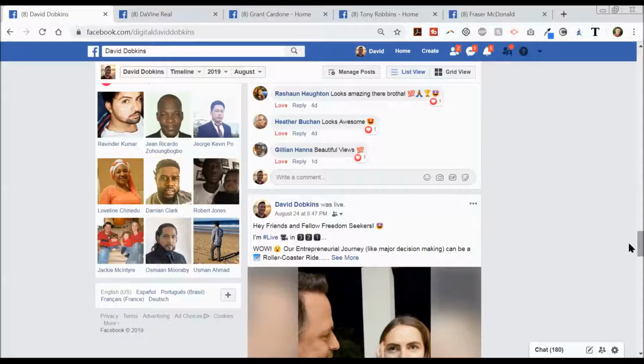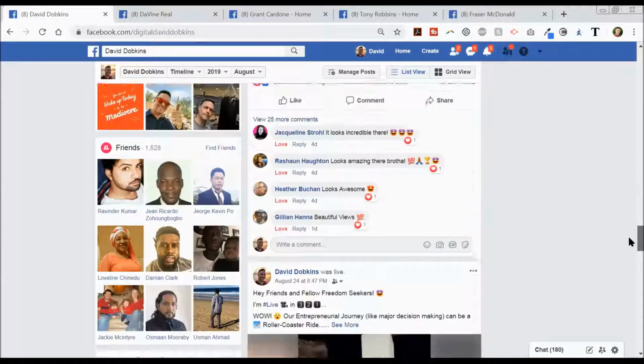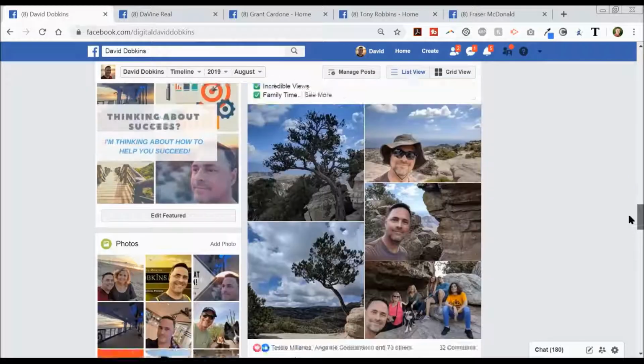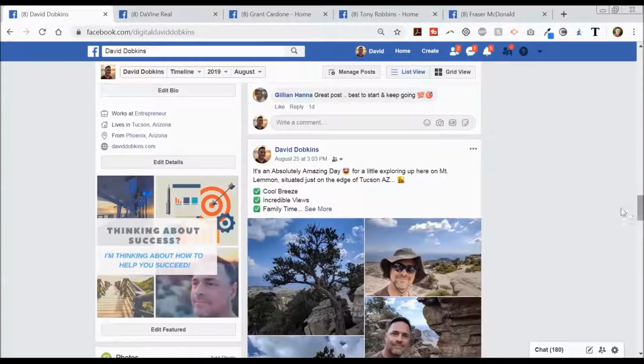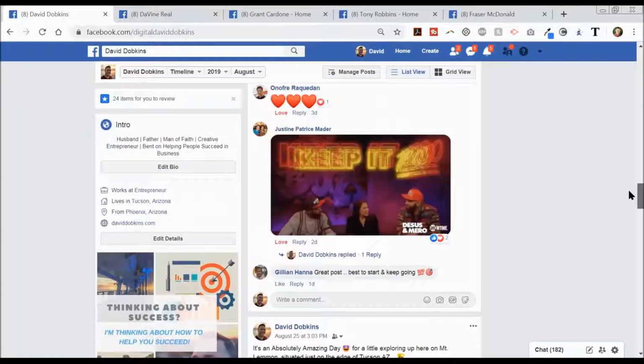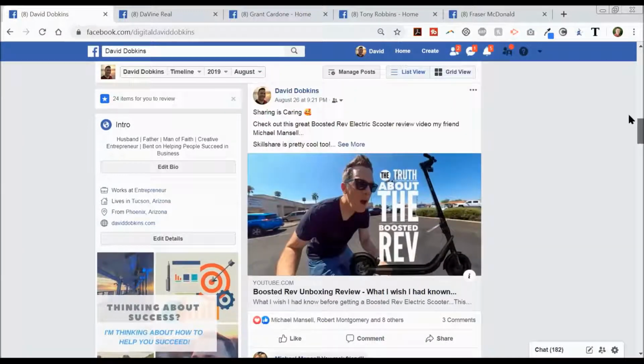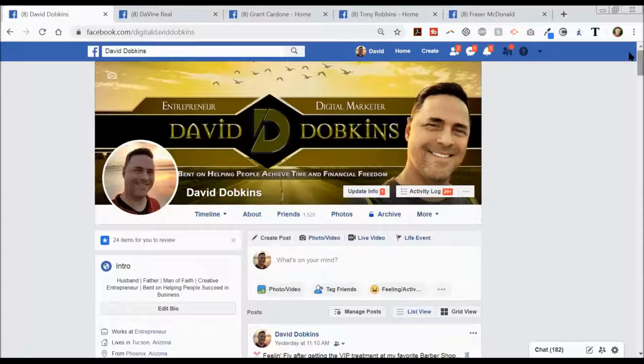And if they begin to trust me and understand that I'm a real person and I care about helping people, you can see over here, my featured photo says, I'm thinking about helping you succeed. There are a lot of key indicators. There's a saying that goes, success leaves clues, right? And when people can see the clues and follow them, typically what they will do next is send you a Facebook message.